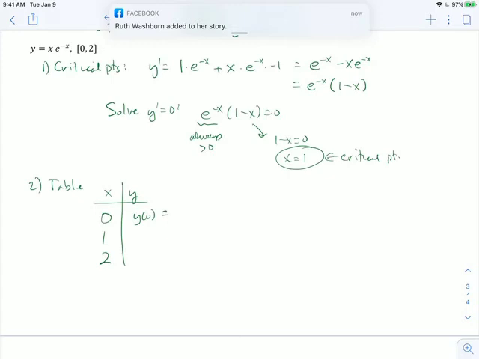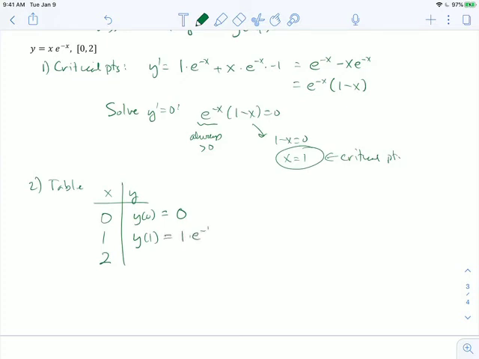y of 0 is going to be equal to simply 0, 0 times 1. y of 1 is going to be 1 times e to the negative 1, or e to the negative 1. And then y of 2 is going to be 2e to the negative 2. Now to figure out the max and mins, I again need to think about decimal approximations.